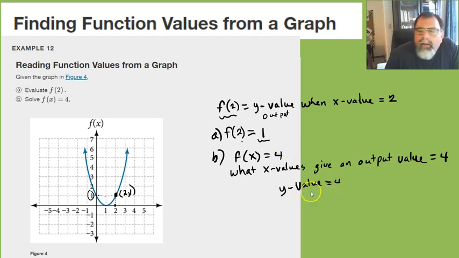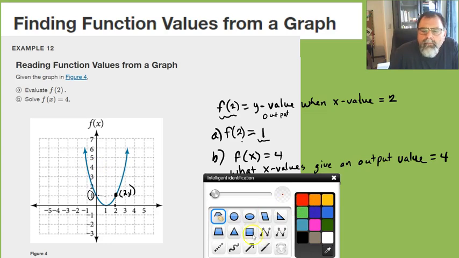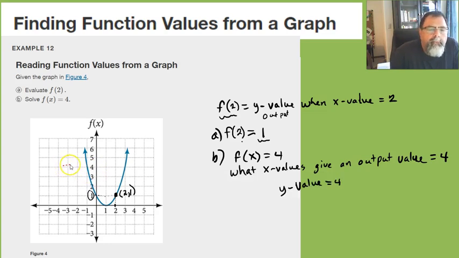So on the y-axis, we go to 4 and think of this line, y equals 4. Let me move that right there.